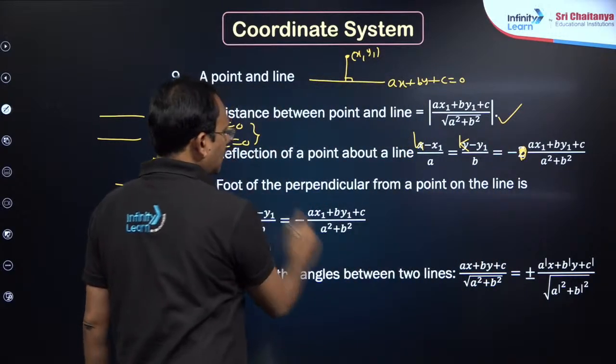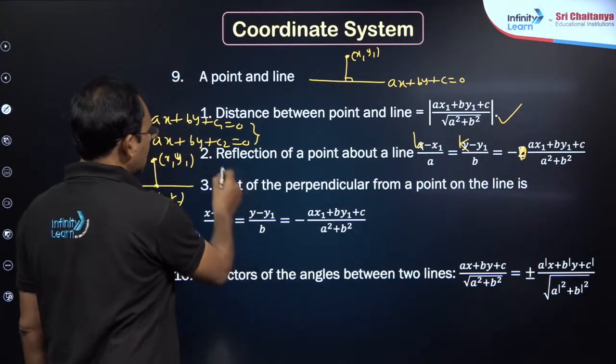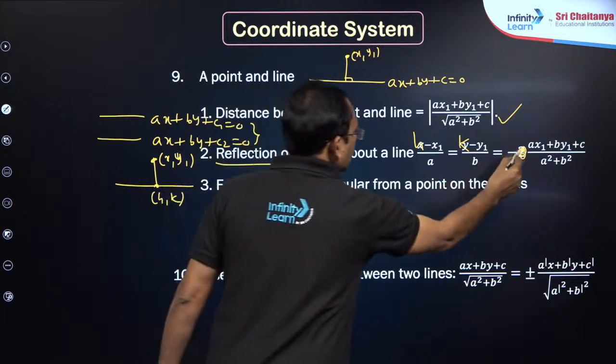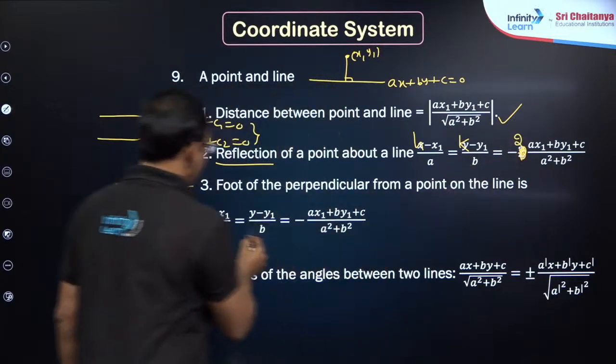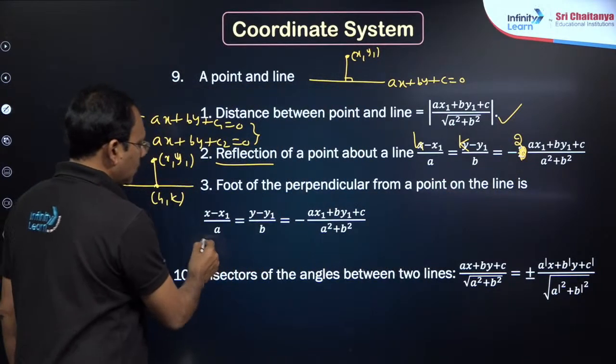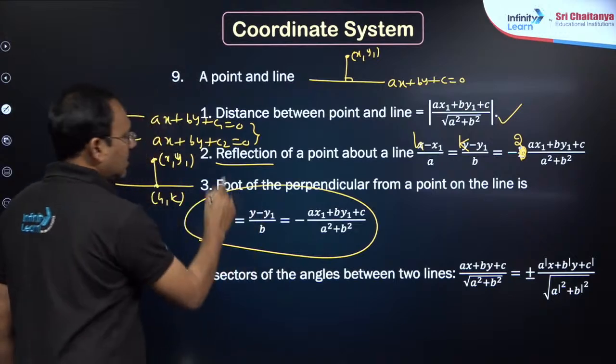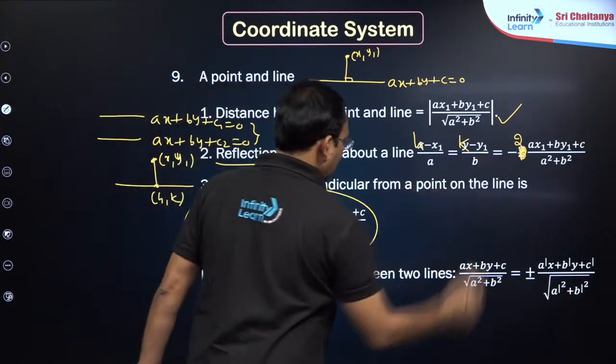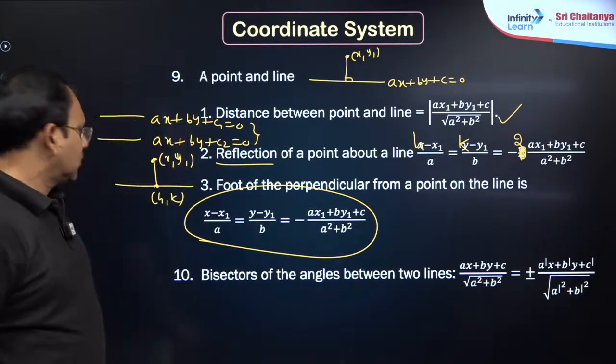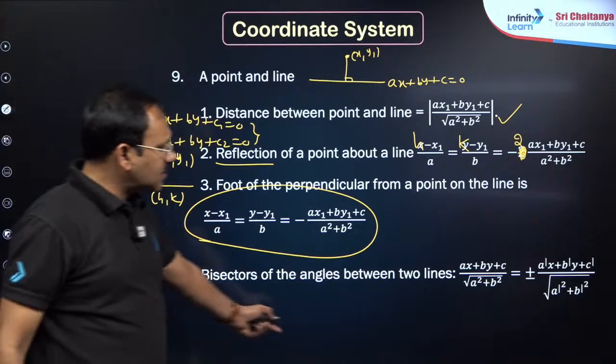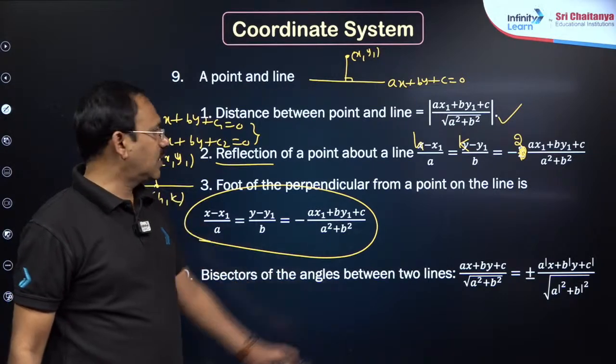For reflection, he has given reflection here, so a 2 will be there. If it is the foot of the perpendicular, you can use this result. If it is the image, you have to write minus 2 into it. This is the routine angular bisectors formula, you know well.